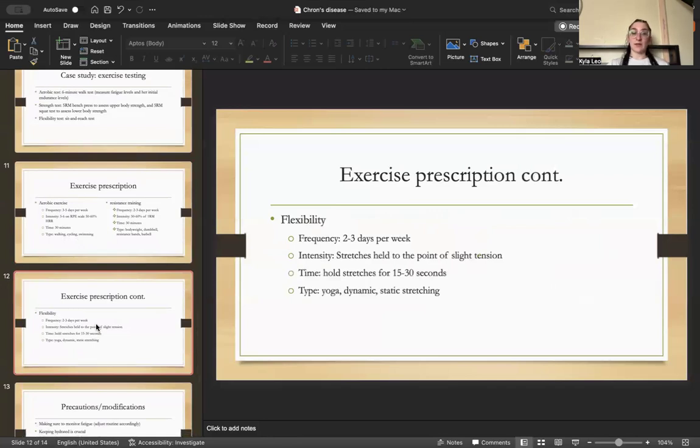And lastly, for flexibility, the frequency for this, I would do 2 to 3 days per week. The intensity, the stretch should be held to the point of slight tension. For the time, we would hold stretches for 15 to 30 seconds, and the types of workouts would include yoga, dynamic, and static stretching.